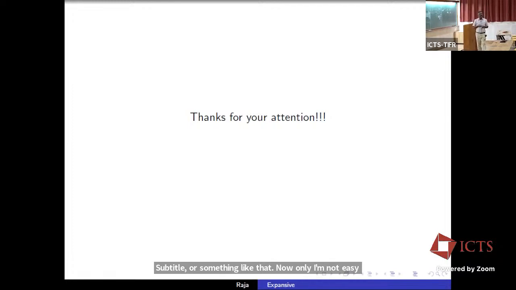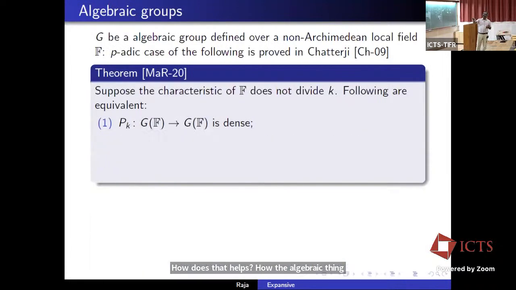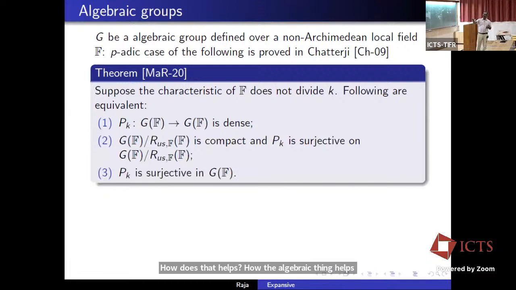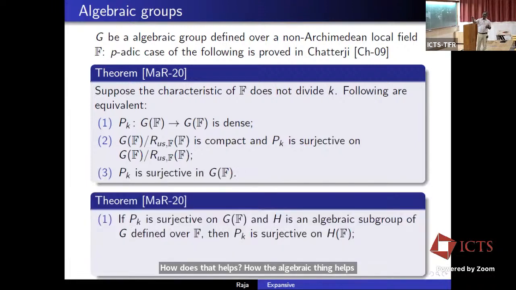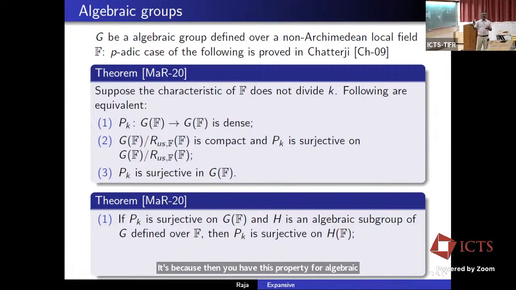Algebraic, yes. How does the algebraic thing help? That is what you are asking. It's because you have this property for algebraic groups only: surjectivity is the same as looking at the reductive Levi part.